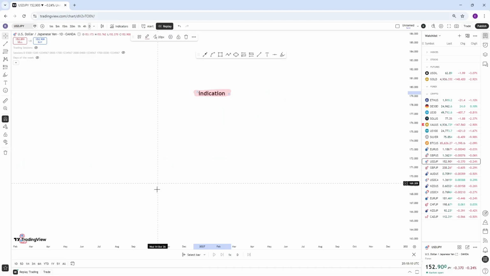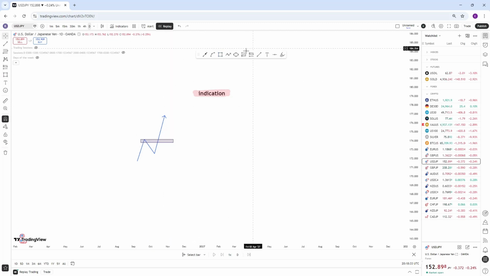So from that, after indication, let me just explain what an indication is. Let's say the market is making higher highs and higher lows. An indication is just the break of a previous high which was made in the market, like here.